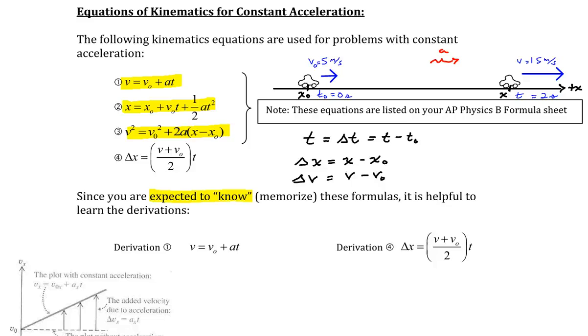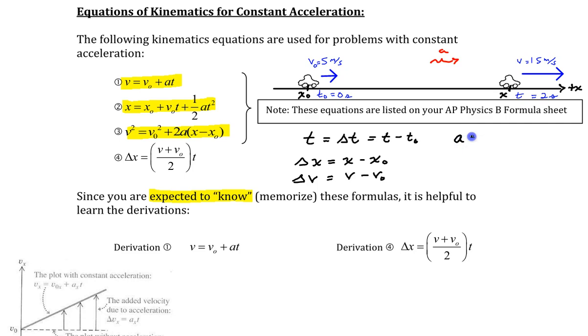I find it helpful to derive these equations to help you remember them. If you can derive them, or you know the process by which we derive them, maybe that will help you understand where they came from, and you'll be more likely to remember them. The first one's very easy, really. These equations really stem from two main ideas. They come from definitions of two things.